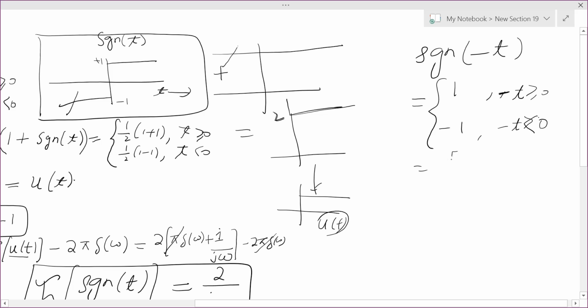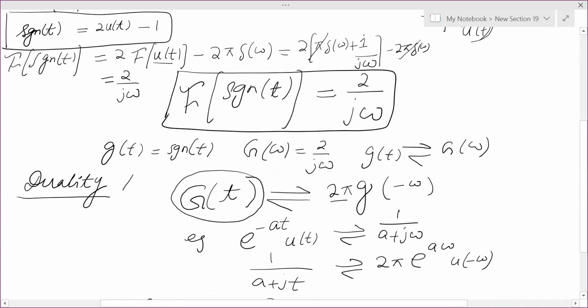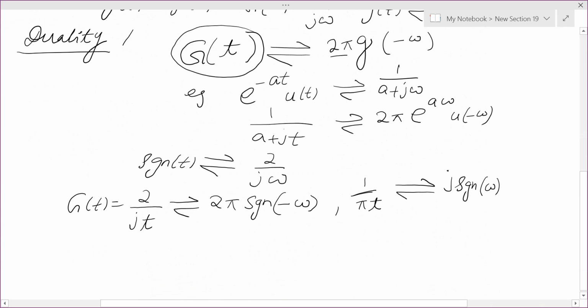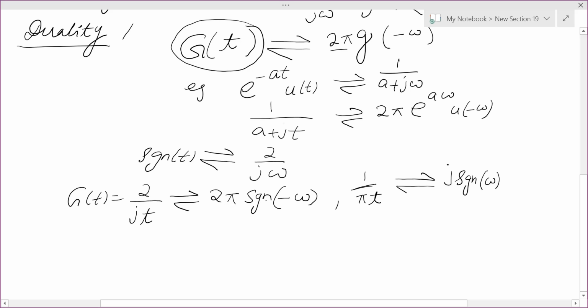So this will become minus 1 for t greater than 0, and 1 for t less than or equal to 0. So this is minus signum of t. So signum is an odd function, so I should write here that 2 pi signum of minus omega will be minus signum of omega.